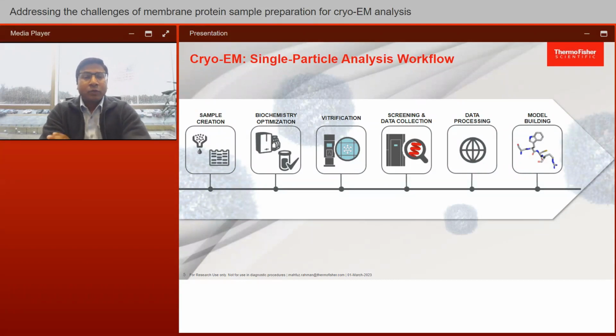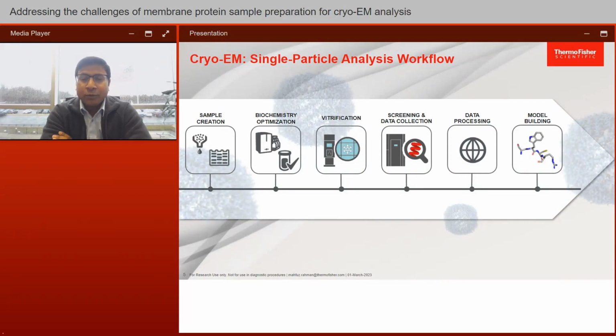This slide gives an overview of the single particle cryo-EM workflow. The sample creation includes the expression, extraction, and purification of the protein, and the protein biochemistry needs to be optimized to ensure that the purified protein is functional. In the vitrification step, we add our protein sample to the grids and flash freeze in liquid ethane using a Vitrobot.